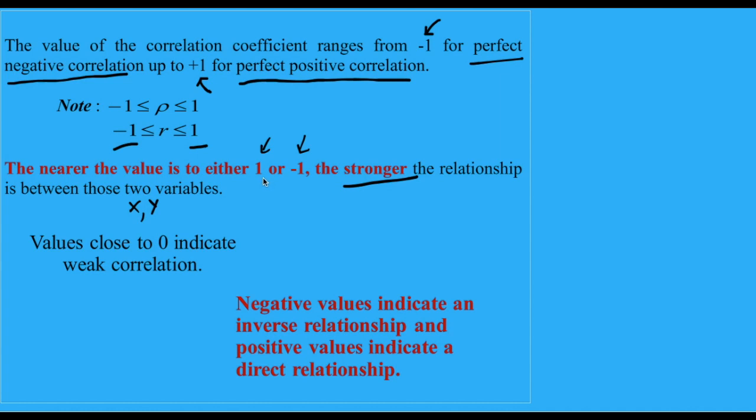As the value goes towards 0, it indicates a weak linear relationship. A negative value indicates an inverse relationship between x and y, and a positive correlation coefficient indicates a direct or positive relationship between x and y.